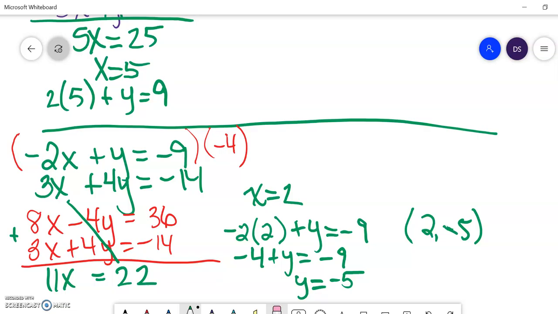And that would mean on the graph, this is where the two lines cross. So these lines would not be parallel because they have an intersection point, and they wouldn't be the same line because they only have one intersection, not infinitely many intersections. So lines can either cross one time, no times, or infinitely many times.